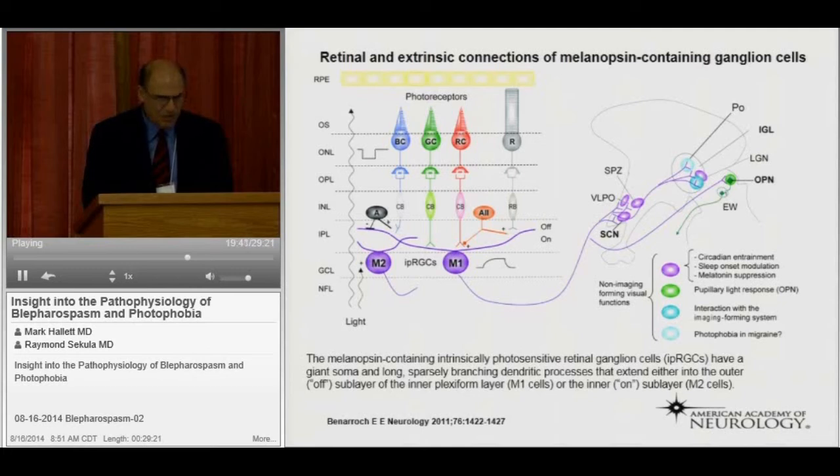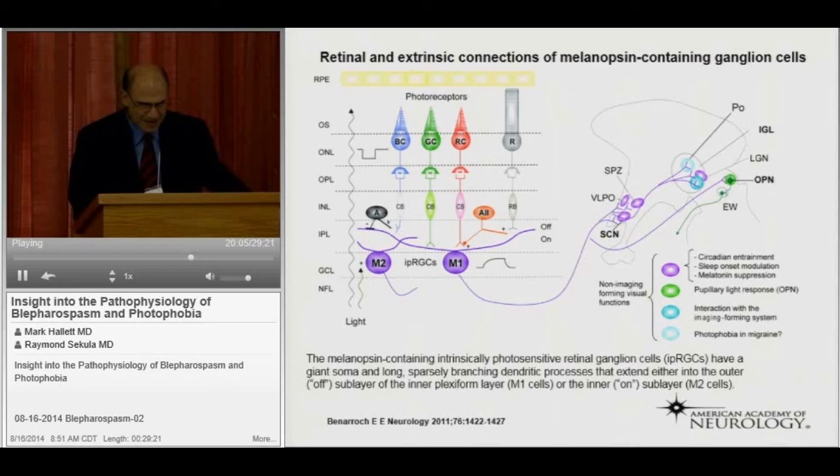But there are also a set of cells which have just recently been identified that contain melanopsin, and they're at a slightly different part of the retina. These cells are sometimes called intrinsically photosensitive retinal ganglion cells.